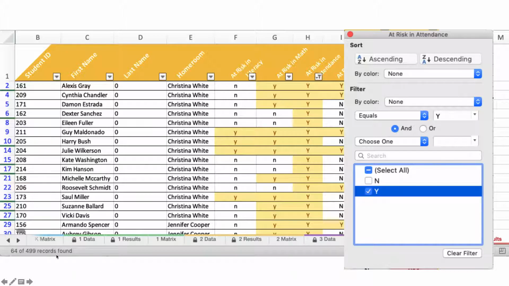That filter is going to find us the 64 students who we saw on our summary page who are at risk in attendance. All of these students will enter the attendance intervention protocol along with our school-wide efforts to increase attendance. And from there, teams can use the filter feature to determine which of those students would also be in need of a behavior intervention.